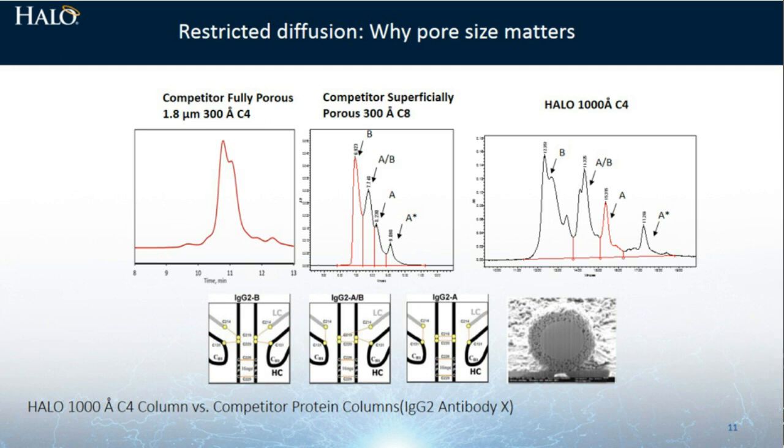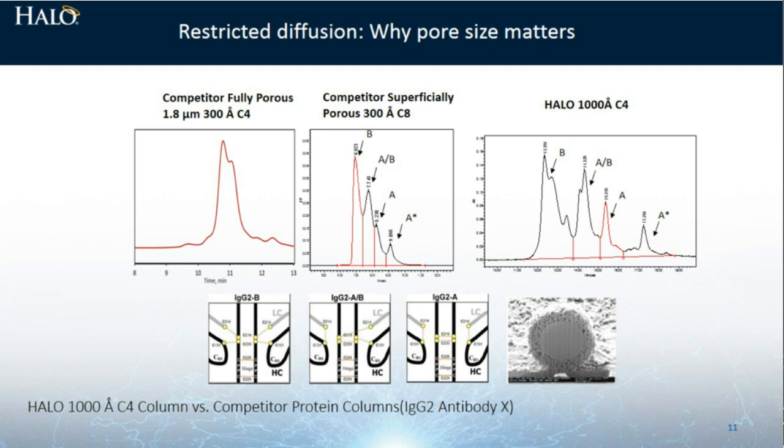And you can distinguish these by mass spectrometry, but resolving them chromatographically has been a bit of a challenge. You can see on the first panel, doing that with a 300 angstrom pore size, sub-2 micron material gave only partial resolution of the thiol variants.